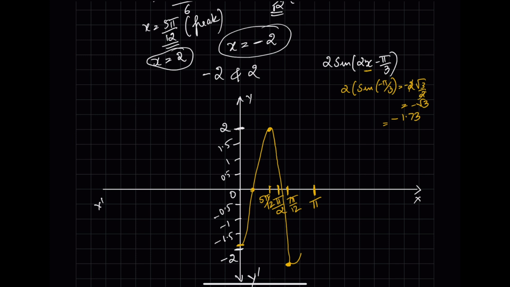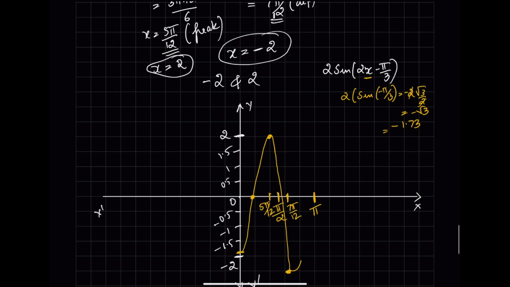So let's see what this point is. When 2x − π/3 is equal to 0, that is when sine is 0. When sine is 0, that is when this function reaches this point. So x is equal to π/6. Basically this point is π/6.